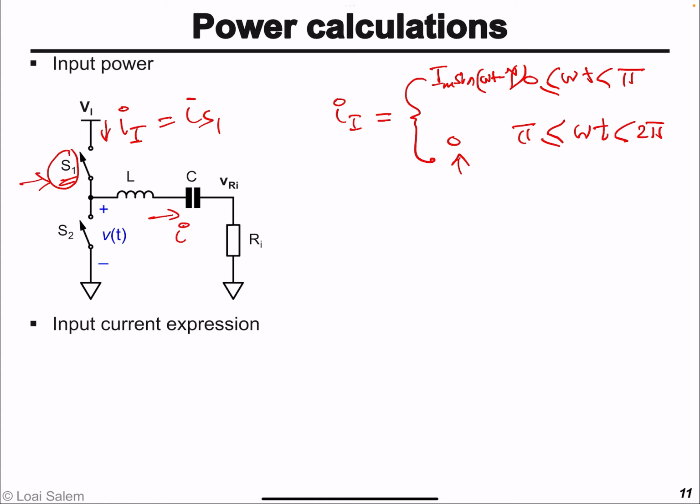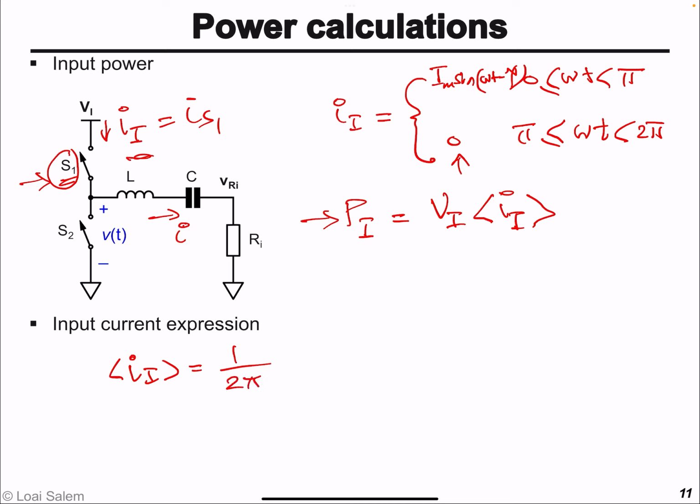Now, to find the input power, we need to calculate the average value of the input current, because the average value of the input power is equal to the input DC voltage Vi times the average value of the input current. And the average value for the input current will be essentially 1 over 2 pi, the cycle time in radians, 0 to 2 pi, the input current II, as a function of omega t, and we integrate with respect to omega t.